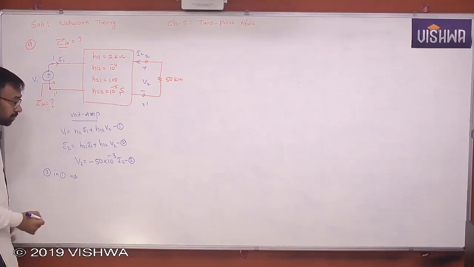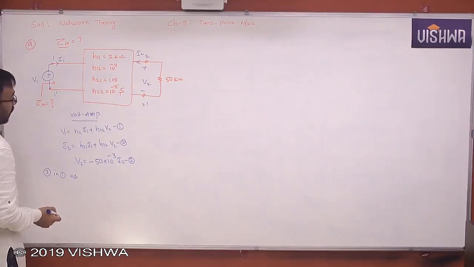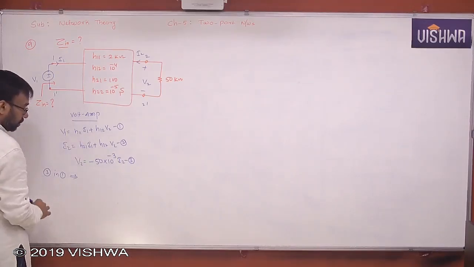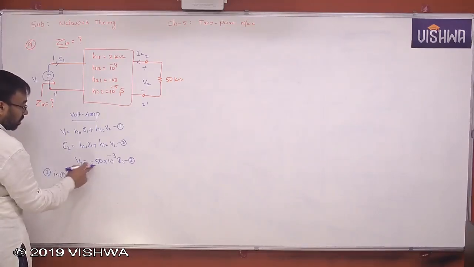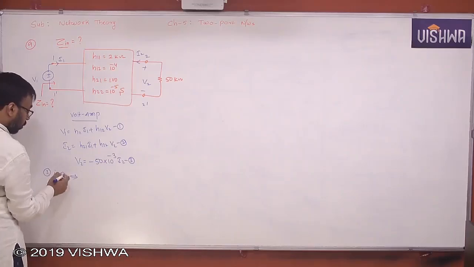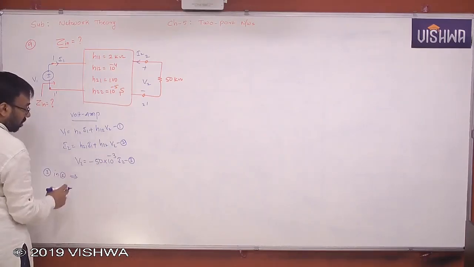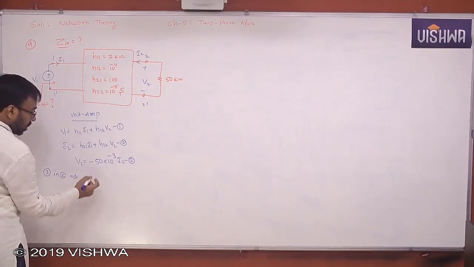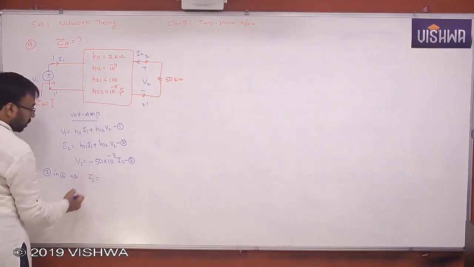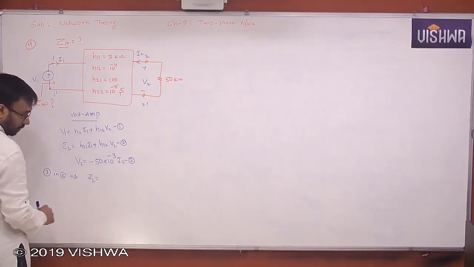Tell me. Okay, V2 is eliminated. Or else you can substitute 3 in 2, then V2 got eliminated, and this entire equation will become I2 and I1 in terms. So you can express I2 is equal to something into I1. Yes or no, all of you?